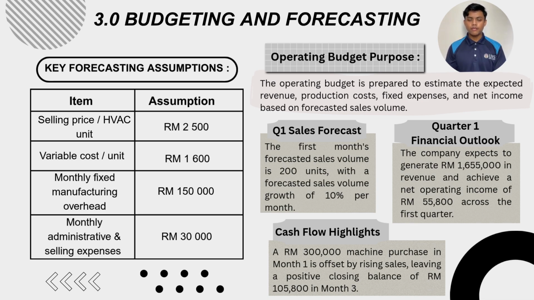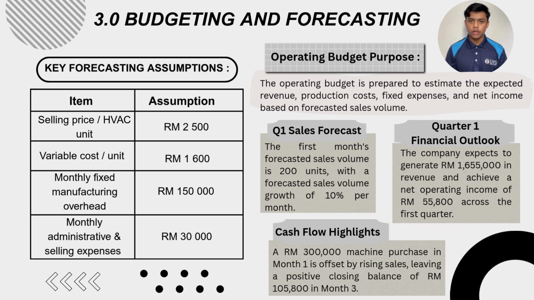When we compile these figures, the operating budget shows that Innotech is expected to generate 1,655,000 ringgit in revenue, although the first month is expected to break even with zero net operating income. Profitability improves in the second and third months, resulting in a total first quarter net operating income of 55,800 ringgit.